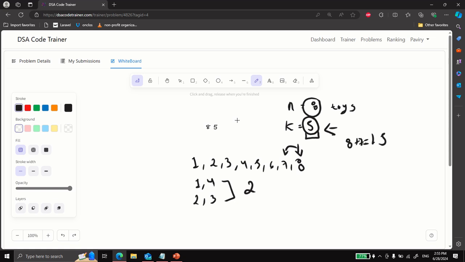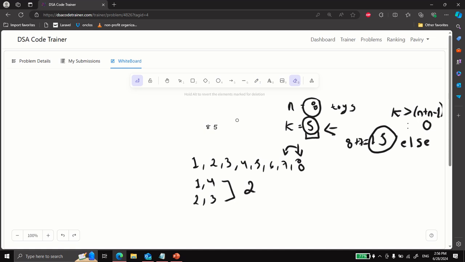So this is our condition to print 0. If our k is greater than our number of toys plus our number of toys minus 1, then we just print 0. And otherwise we'll see how we can solve it.